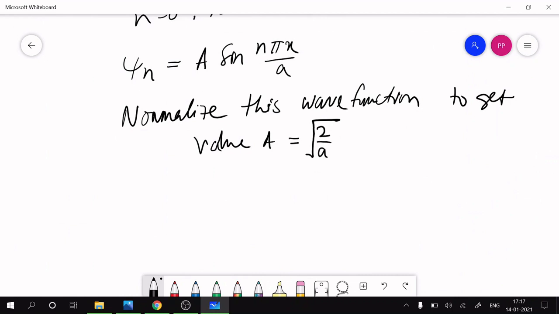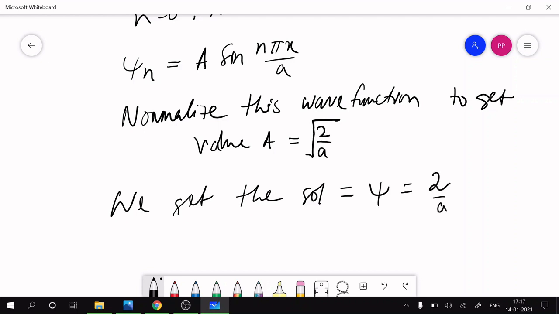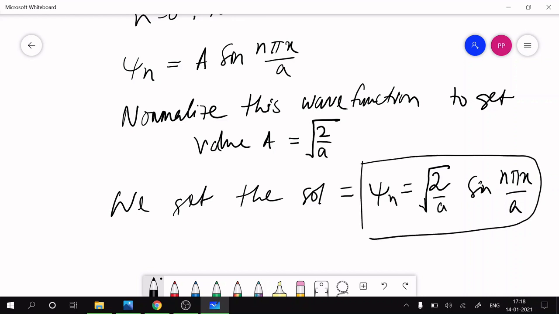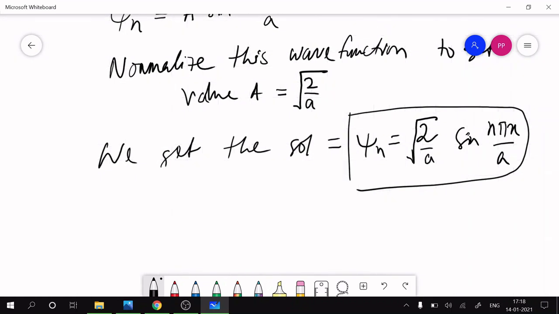So now we get the solution ψ equal to the square root of 2/a times sin(nπx/a). This is your ψ_n, which is the required wave function for the one-dimensional infinite square well potential. Thank you.